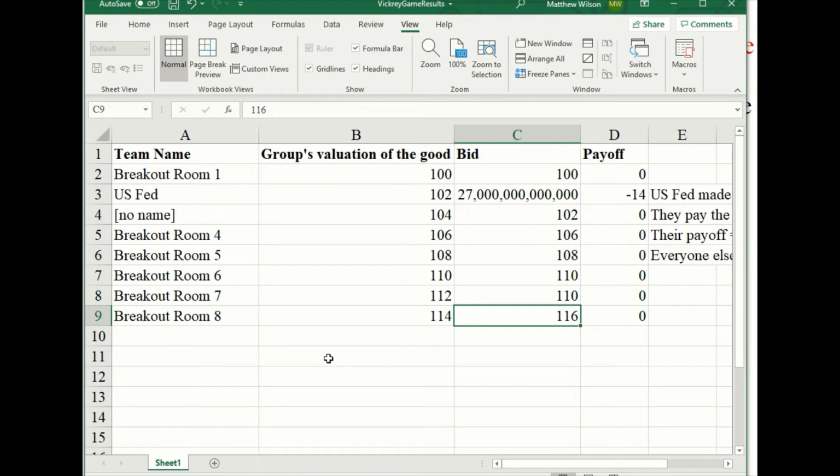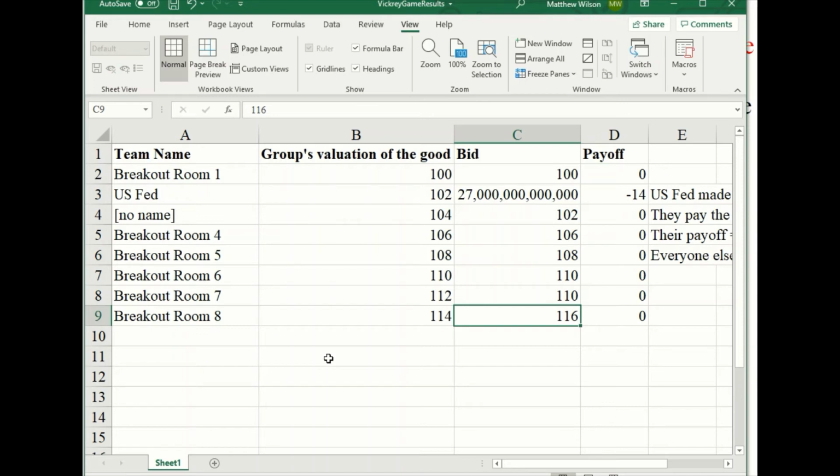And also, you don't know what other people think the item is worth. So if you're at an art auction and you're bidding for a painting, you might have one idea of what you think the painting is worth, and someone else might have a totally different opinion over what it's worth. And you don't know what they're thinking. So that all mimics real-world settings.